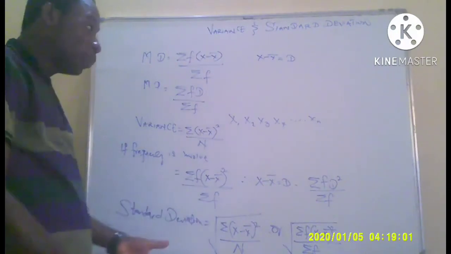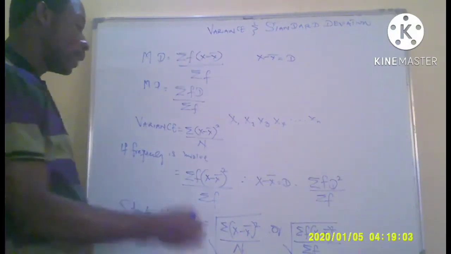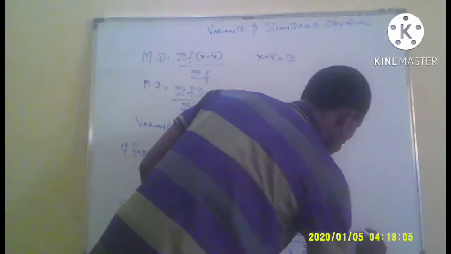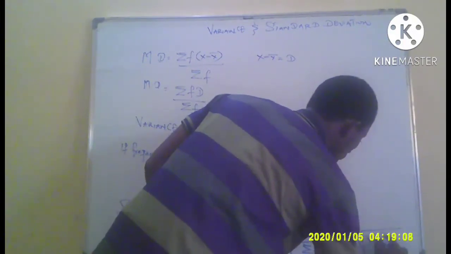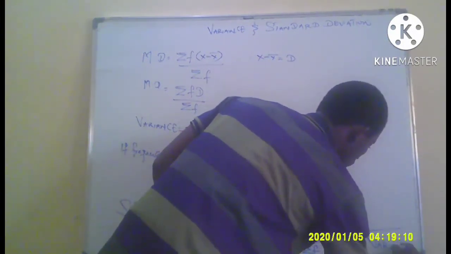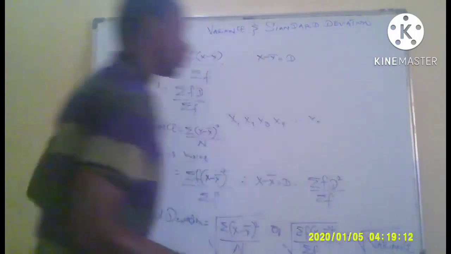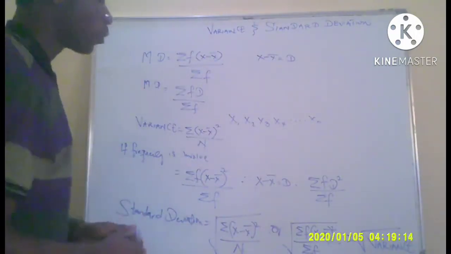I can now put it this way: the standard deviation is equal to the square root of variance. Yes, the standard deviation is the square root of variance.